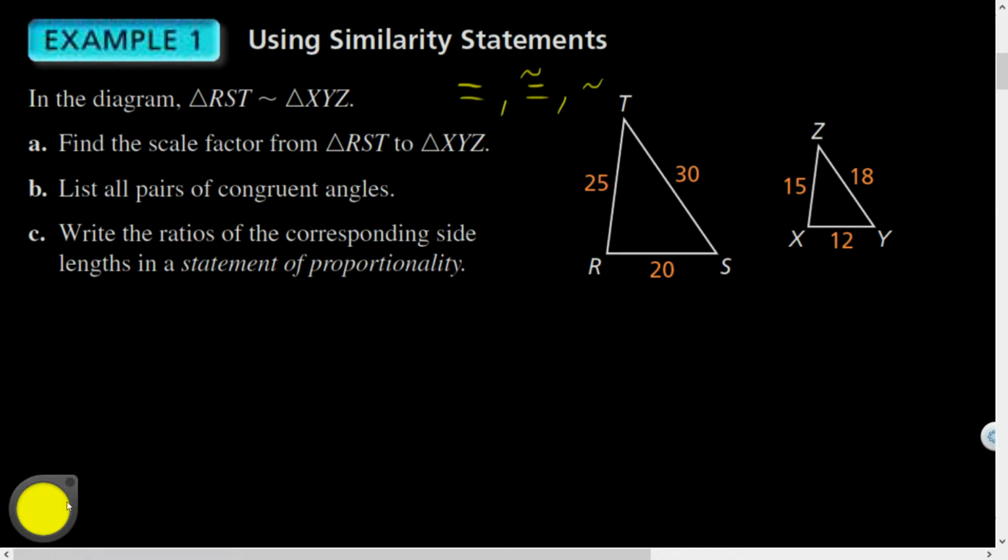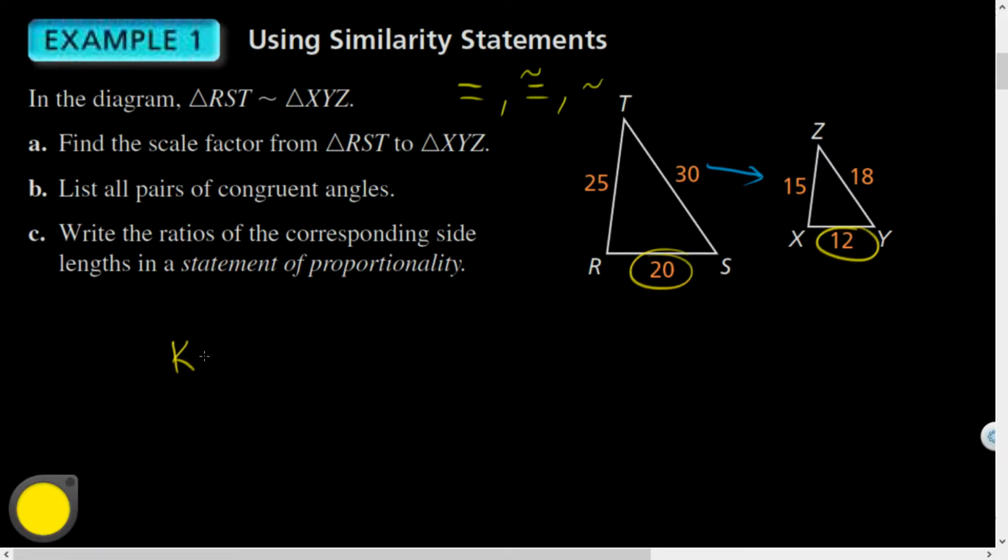So I'm anticipating that the scale factor is actually going to be decreasing it. So the value of K is going to be somewhere between 0 and 1. If I want to find that scale factor, what I'm going to do is compare the similar sides. So we could compare, let's say, the 12 and the 20.